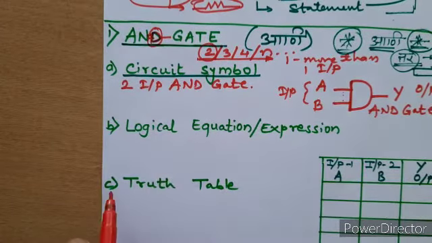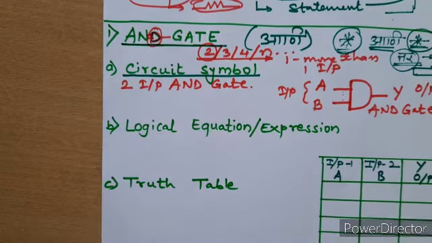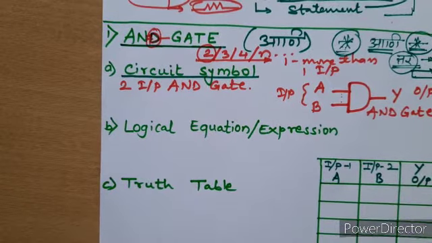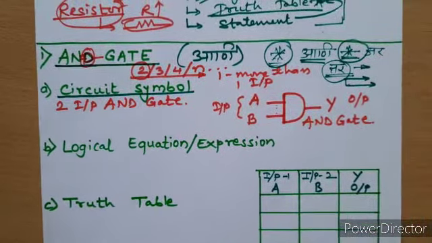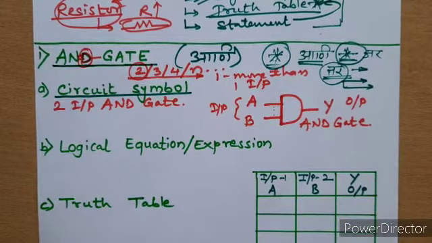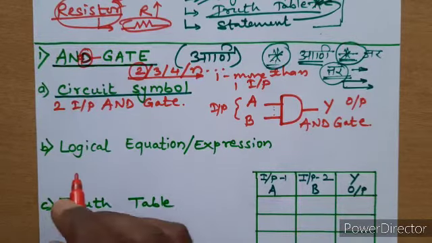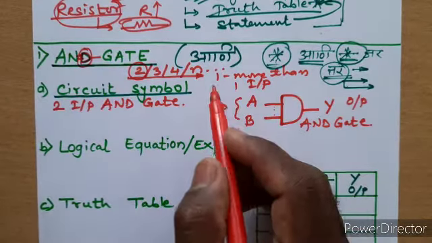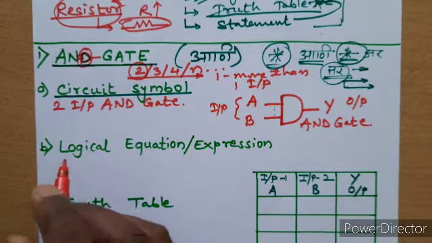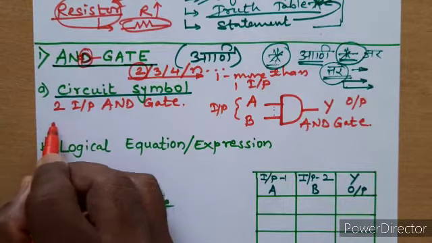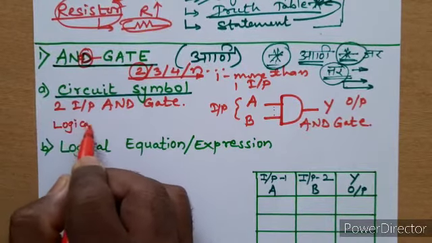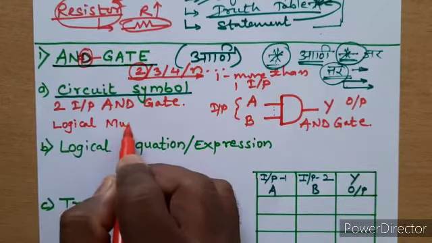Logical expression or logical equation. Now since this is a circuit and everything here depends on its logical equation or logical expression, all the time you need to understand this logical expression of any gate. Now this AND gate means in other terms we can say that it is logical multiplication.